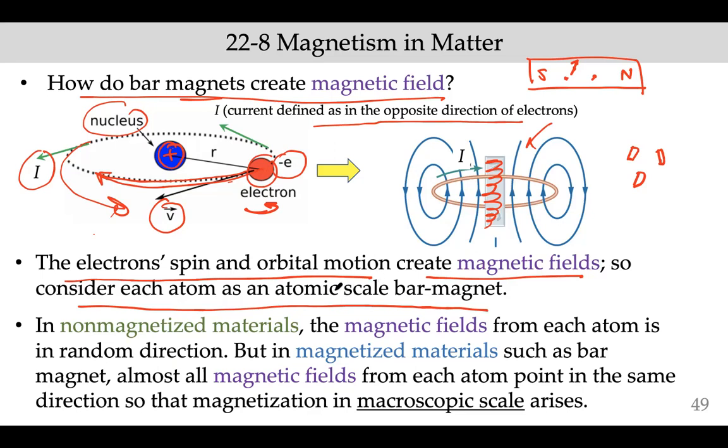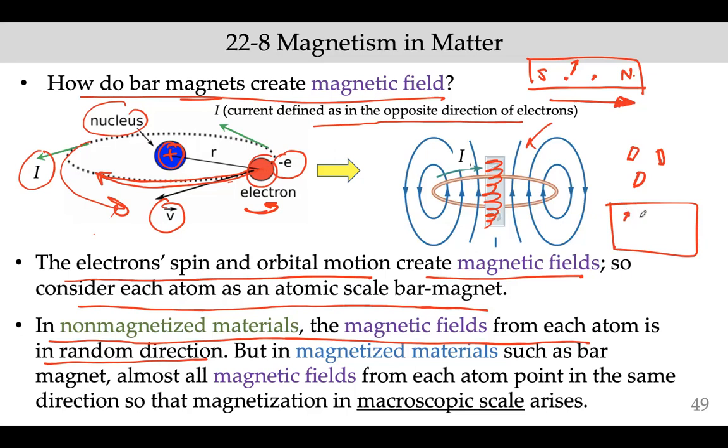Now let's get back to the question: why are some materials non-magnetized, but some are magnetized, like magnets? In non-magnetized materials, the magnetic field from each atom is in a random direction. So let's show south and north as a vector like this. You have a material, it has atoms, and each atom is a bar magnet.